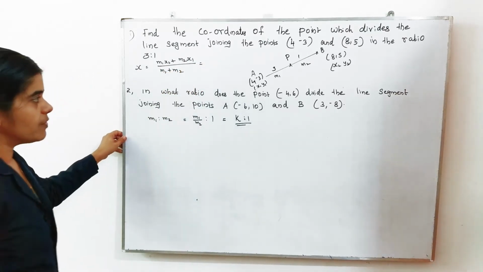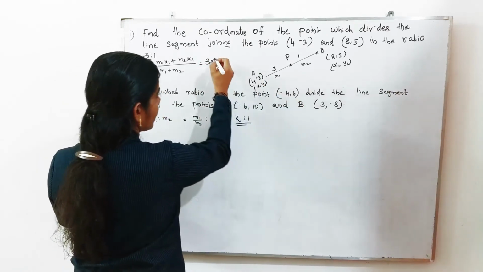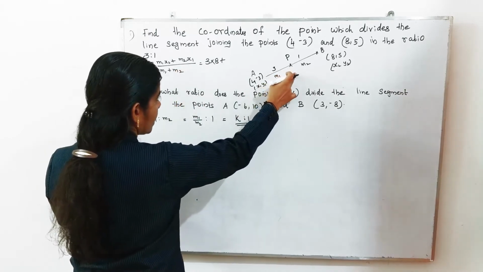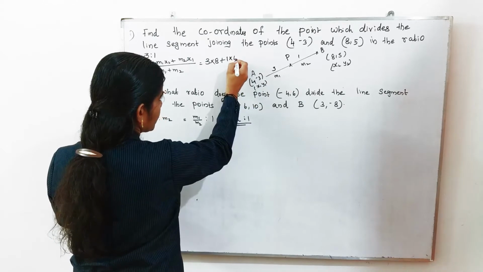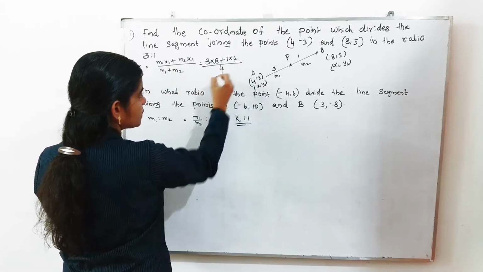The values: m1 is 3, into x2 which is 8, plus m2 is 1, x1 is 4, divided by 3 plus 1, that is 4.